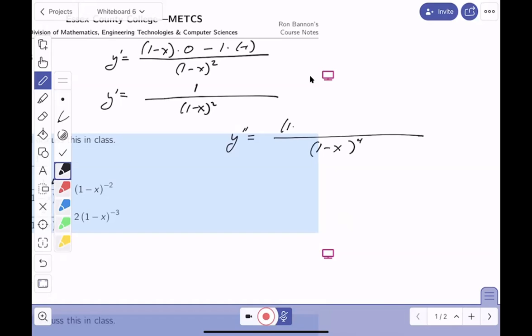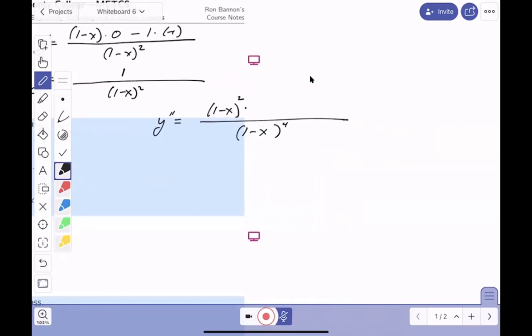Bring the bottom to the top and leave it alone. Now what I got to do? I got to take the derivative of the bottom. I want to point out what the bottom is to me. It's 1 minus 2x plus x squared. Its derivative would be minus 2 plus 2x. Don't panic yet.